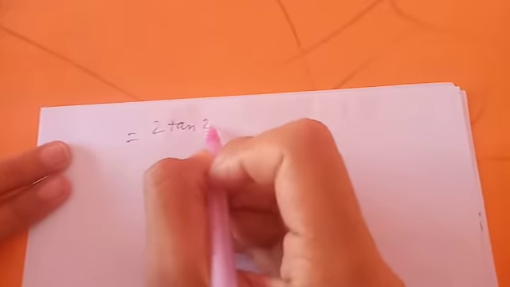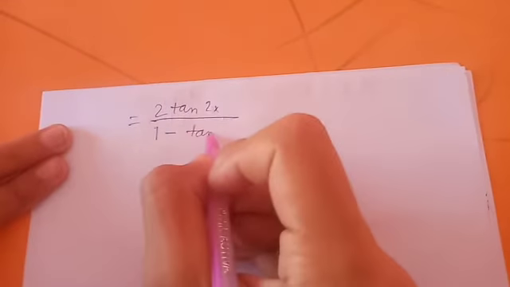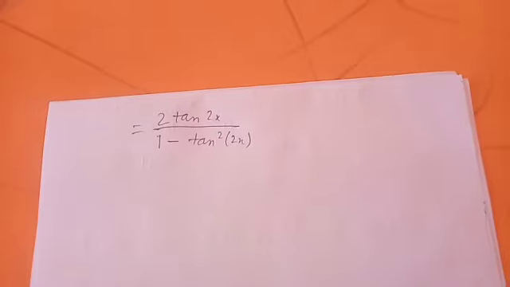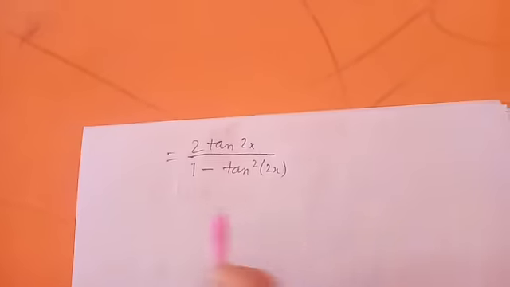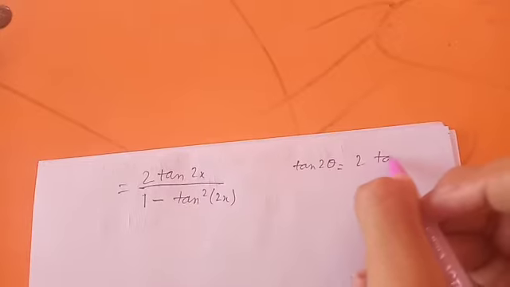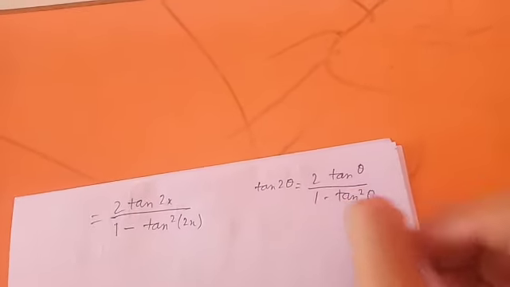equal to 2 tangent 2x divided by 1 minus tangent square 2x. Now again we will use the formula of tangent 2 theta, that we know, that is tangent 2 theta is equal to 2 tangent theta by 1 minus tangent square theta.